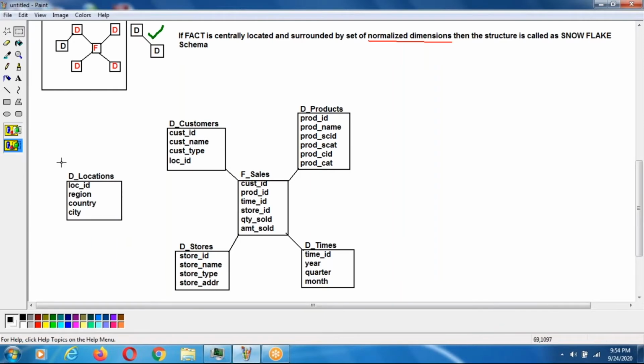Instead of maintaining the address within the customer table itself, I maintain it in a separate table. Location ID is a common column, and with its help you make a relationship between the two tables.